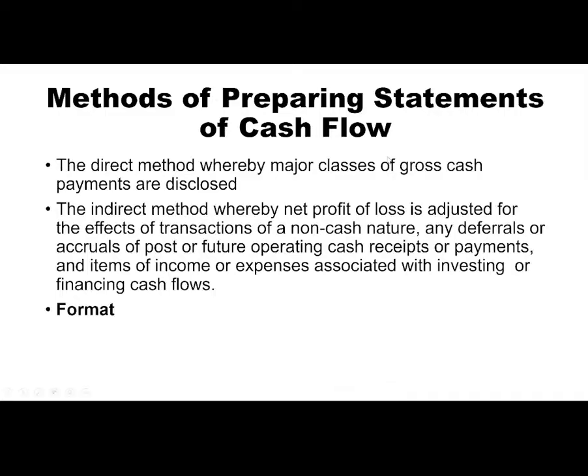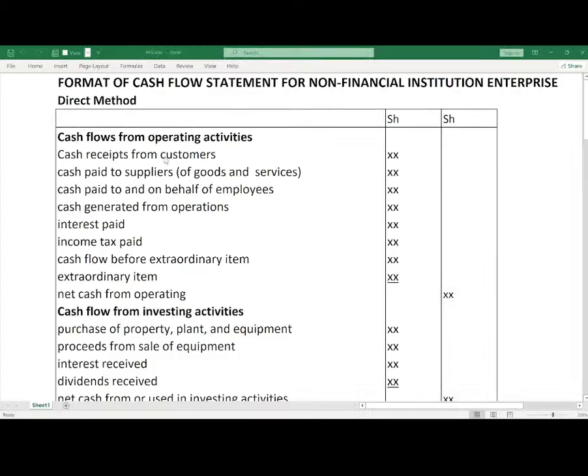So let's look at the format. We look at the non-financial institutions. Let's start with the cash flow statement using the direct method. We are going to have the three cash flows: operating, investing and financing.